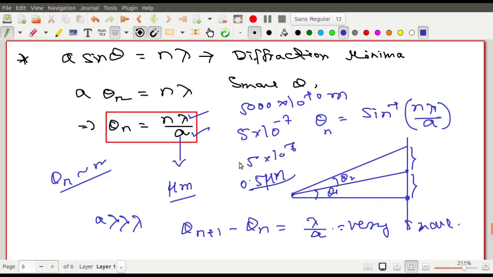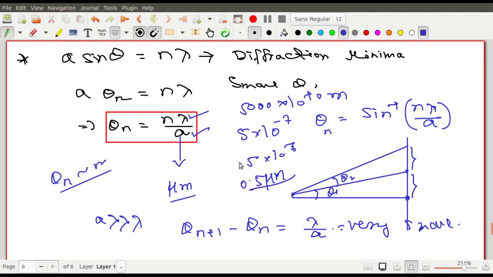This is a geometry that is human made. The slit that you are making is human made, so how can you make it further smaller than this? So that is not an issue. The issue is that a and λ must be comparable; a must not be very much greater than λ, otherwise you will not be able to see such an effect.